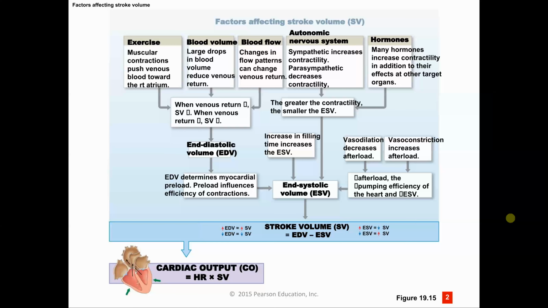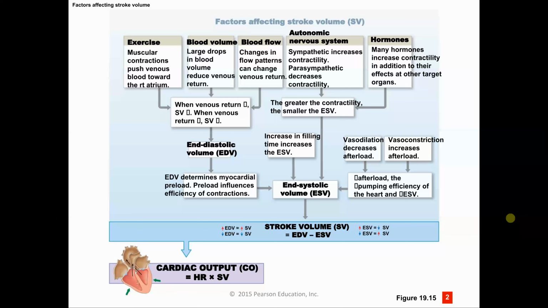So remember, exercise, just contracting those muscles is going to increase your venous return. And then the more blood in the heart, the higher the end diastolic volume. So you push blood out of the venous system into the heart, so you have a higher end diastolic volume. If you have a drop in blood volume, that's going to do what to your end diastolic volume?